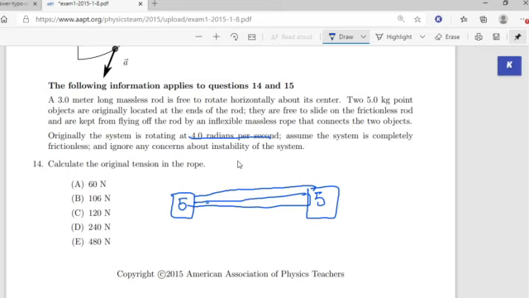Okay, so if we have a top view of it, it looks like this, and it's rotating, and the rope is keeping them from flying off. And what would make them fly off is this fictitious force known as the centrifugal force, not to be mistaken for the centripetal force.